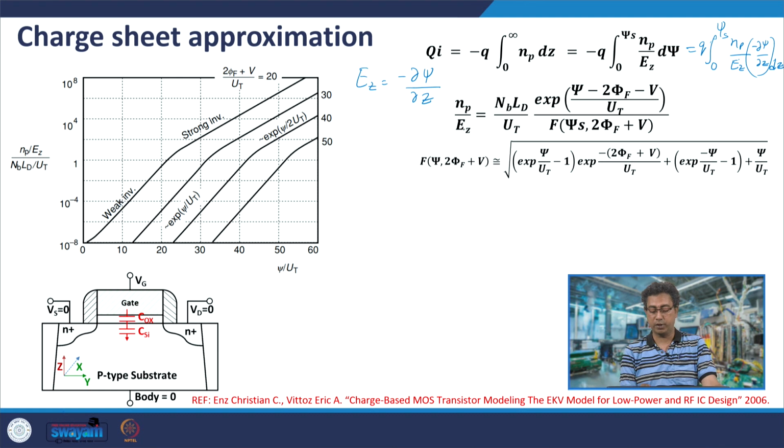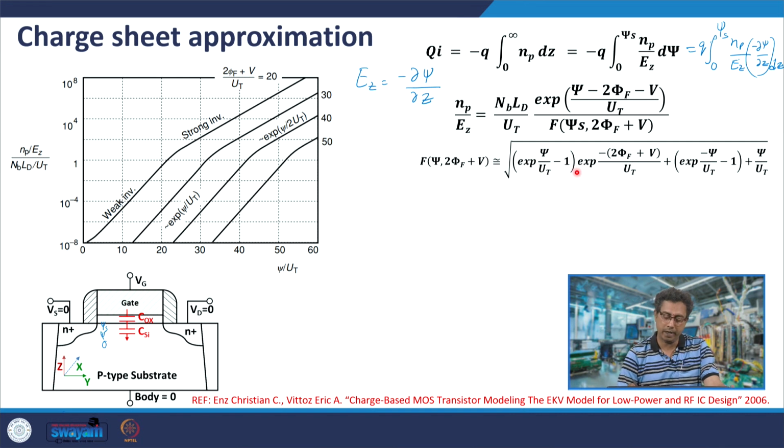How does this function NP by Ez behave with respect to potential? Potential is 0 here and chi s here, the surface potential, and in between it is chi, having a value. As you increase chi s, how does the function f behave?